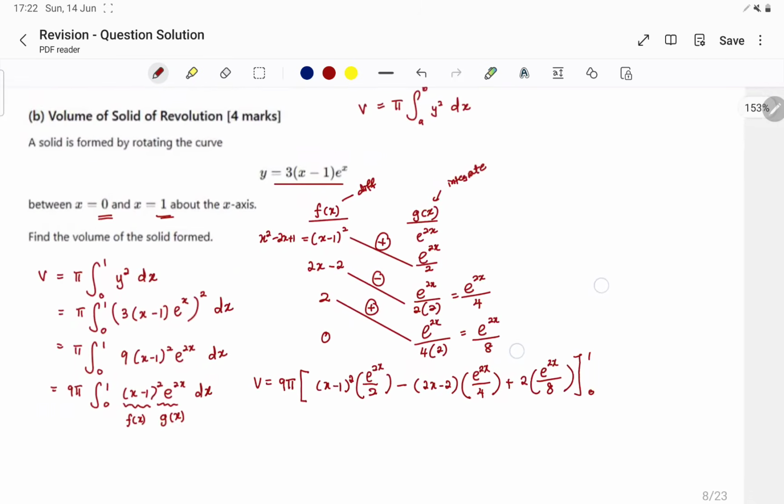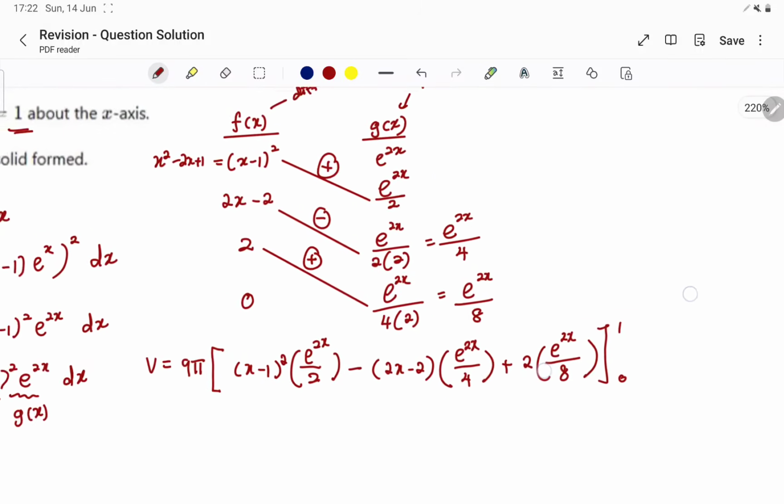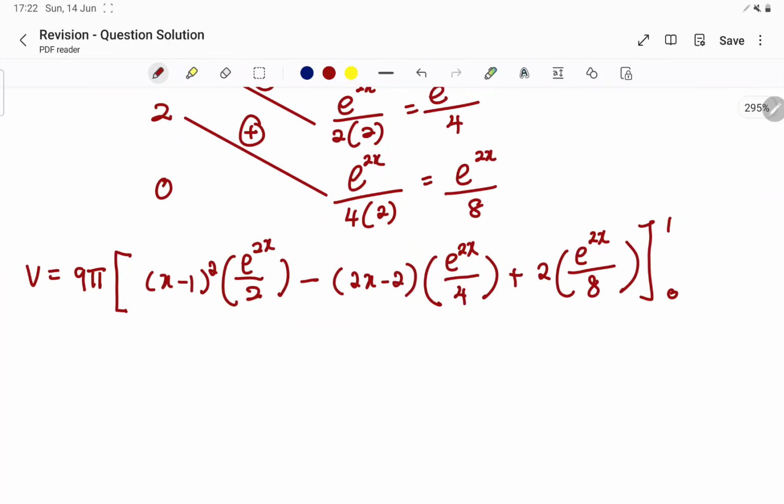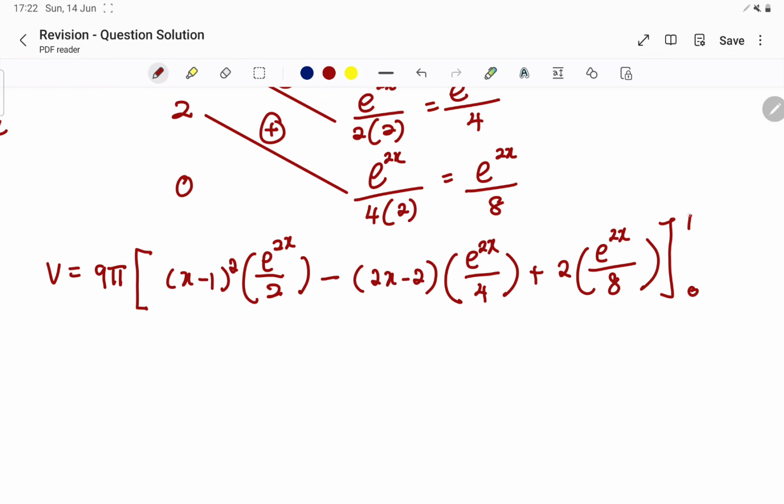From here, you have to calculate the values one by one. First of all, you substitute 1 for x in each of the terms.